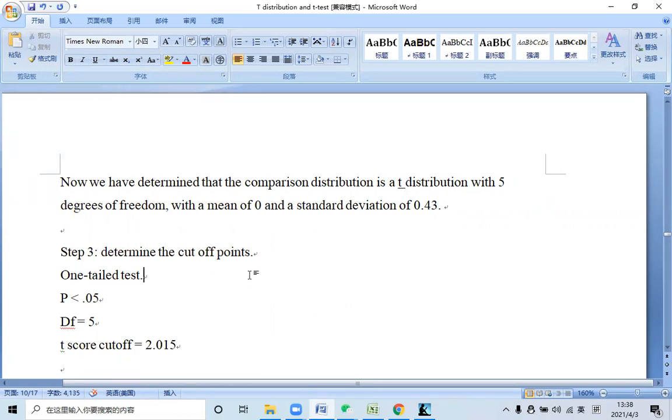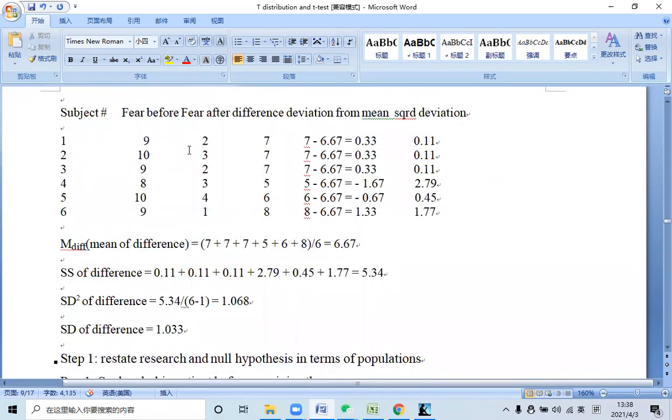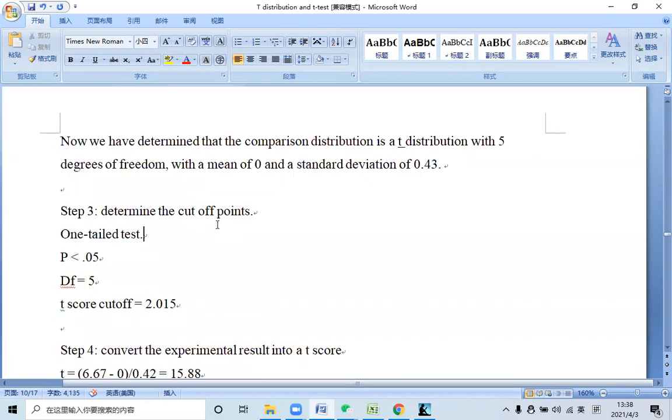Because we make a directional prediction. We are predicting the pre-test fear is going to be larger than post-test fear. People are more fearful before the treatment than after the treatment. One-tailed.